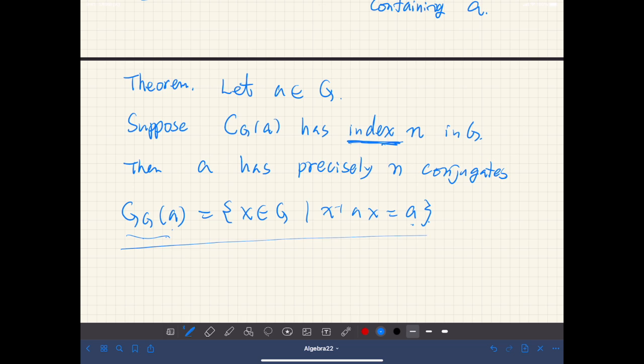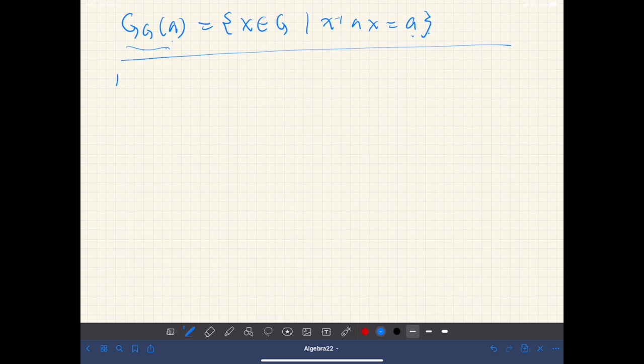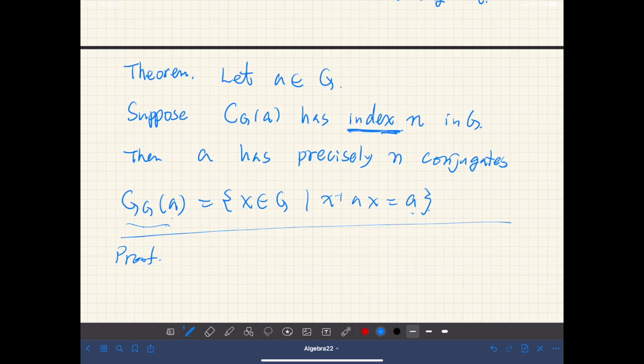Okay, let's prove this theorem. By assumption, this centralizer has index n.